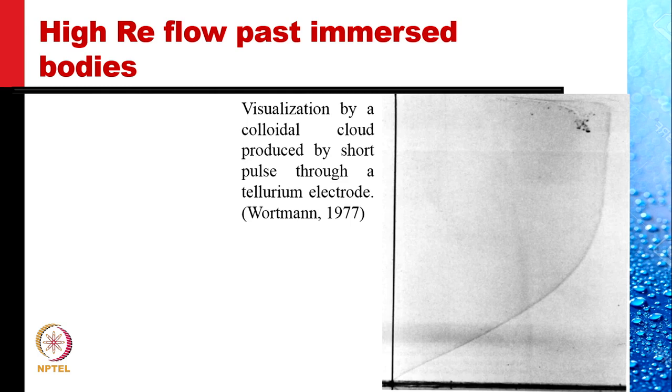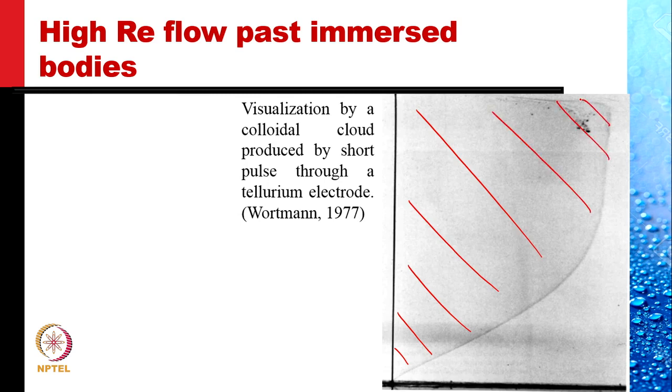When a current passes through a tellurium electrode, tellurium ions leave the wire and are swept down. These tellurium ions produce a cloud-like appearance, and since they are traveling with the velocity of the fluid, this cloud region mimics the velocity profile on a flat plate.